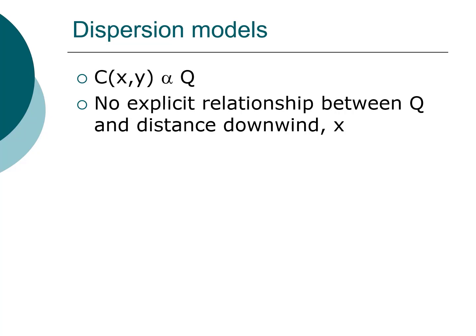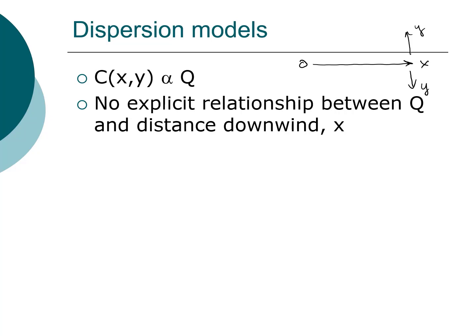So this is our source, and the plume is moving in the x direction. We can also calculate it in the y direction, so that's the direction away from the center line.